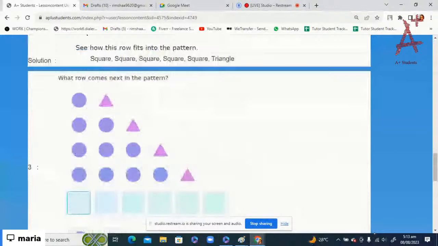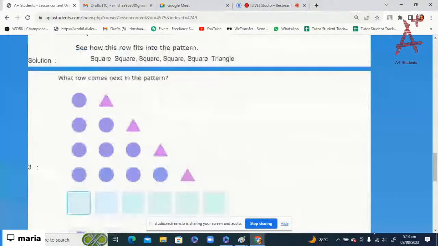In the second row, the number of circles increases, the number of triangles is the same. In the third row, again the number of circles increases, the number of triangles is the same. In the fourth row, again the number of circles is increased, and by how much? By 1, like a 1 increment. First row it's 1, second row it's 2, third row it's 3, fourth row it's 4, now the fifth row it's 5. But the number of triangles is the same, that is 1.